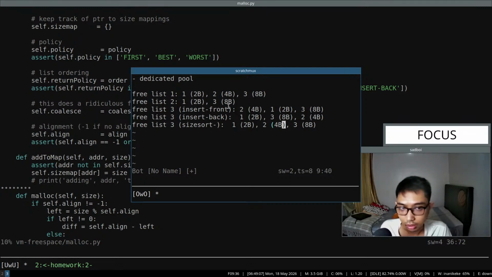But then what about if we do plus here? Where should this be placed?